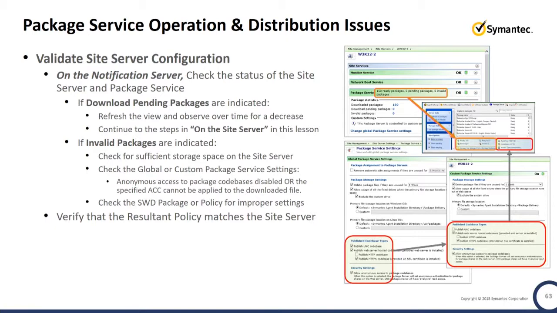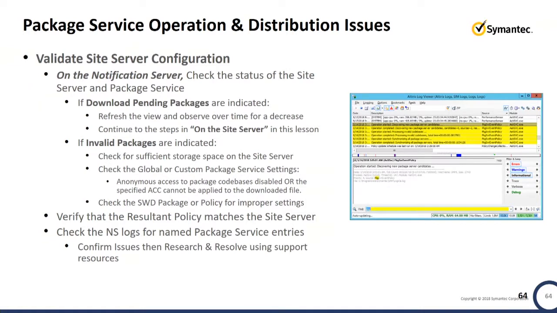So if the policy is only allow UNC, and then your second policy comes up and it says UNC and HTTP, that one overrides it, right? Because there's a lot of people that would look at their package server and say, well, it's not showing me the HTTPS code bases. Well, it was set in the global, but the local package server policy overrode it and turned it off, right? Sometimes not that obvious, but.